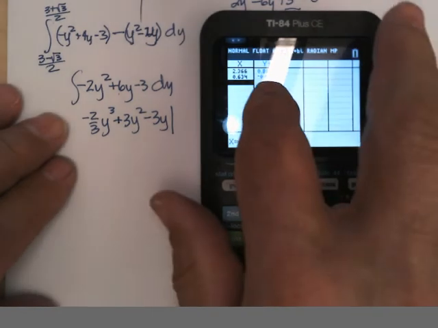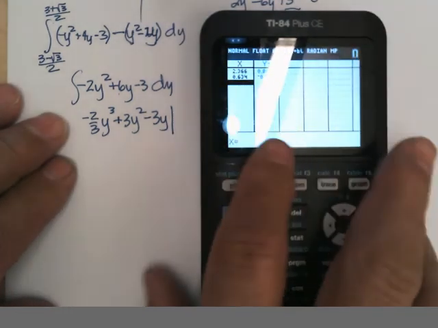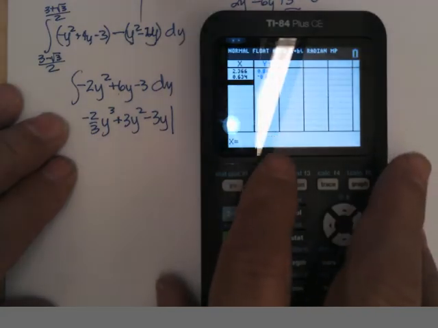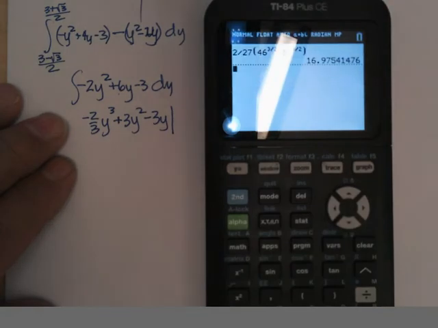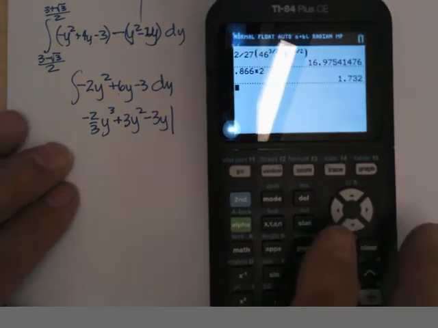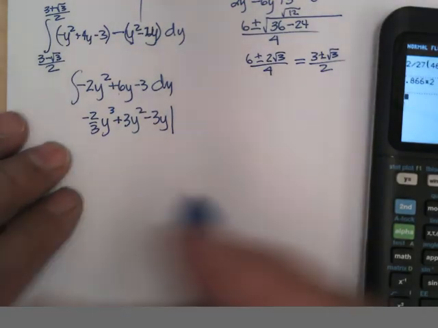And since they're equal and opposite, I'm going to get double that. 0.866 doubled. So 0.866 times 2 is 1.732.